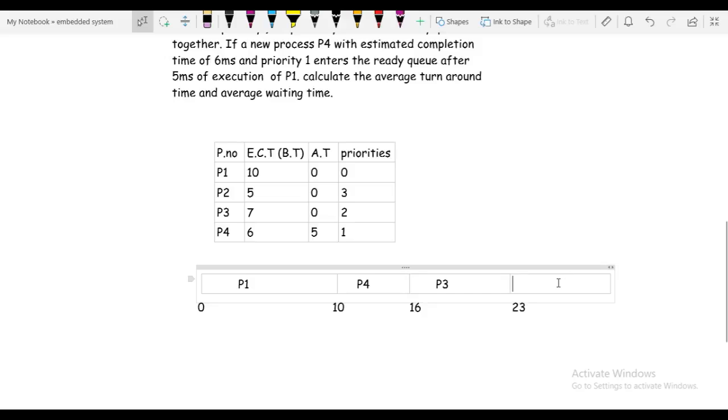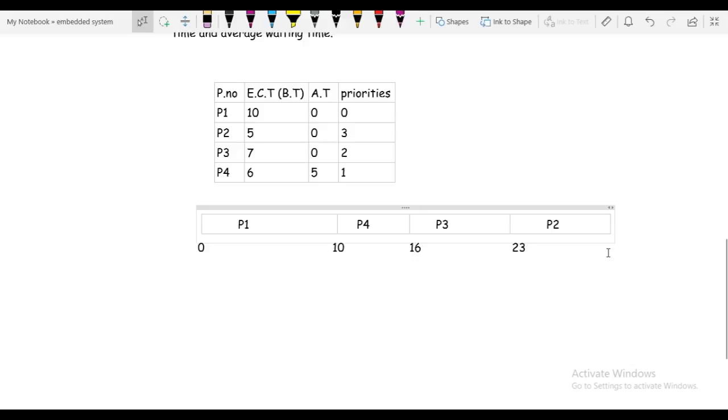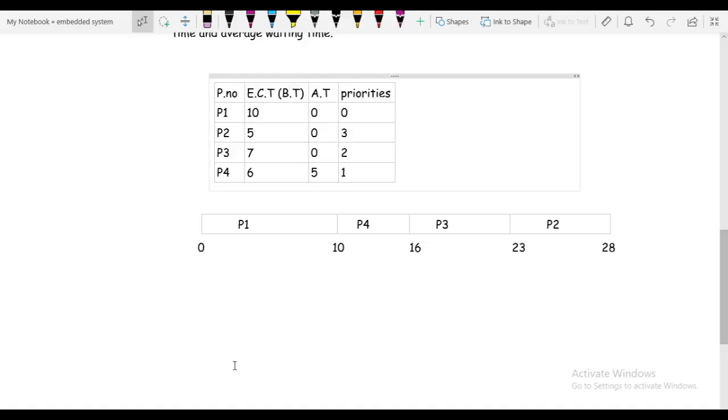Now after this, P2 will be executed for 5 milliseconds, and that will give you 28, right? Okay, this is the Gantt chart.